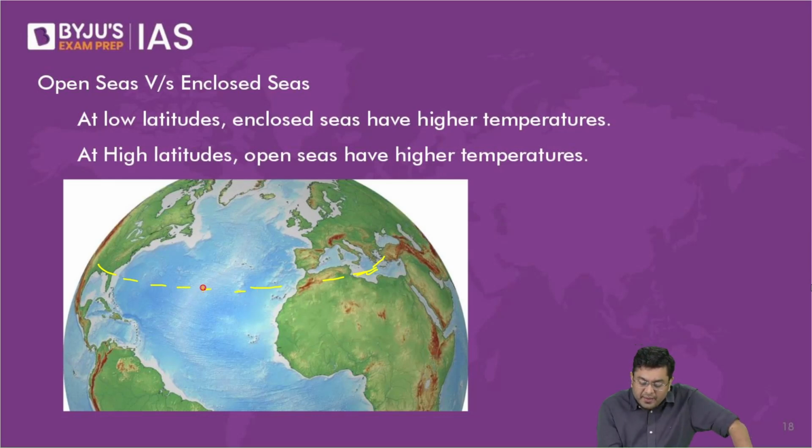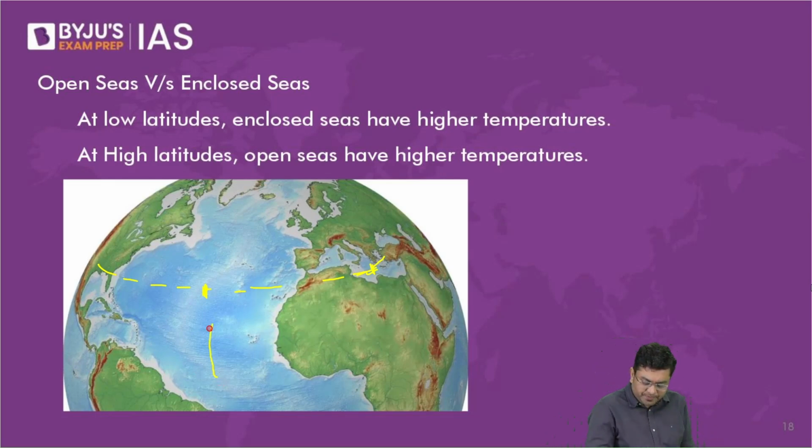For example, in the lower latitudes, the land will get heated significantly on an average throughout the year. The land will have higher temperature. So if this is the Mediterranean, and at the same latitude let's consider the Atlantic as well, which will be much warmer, Mediterranean or Atlantic?